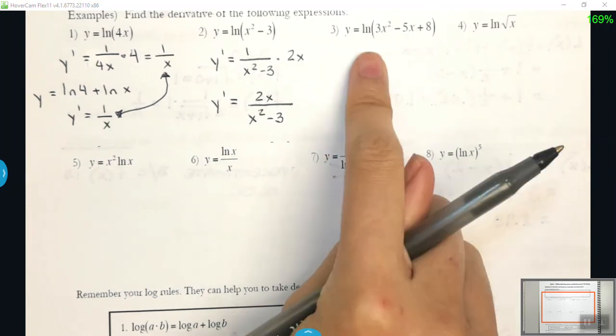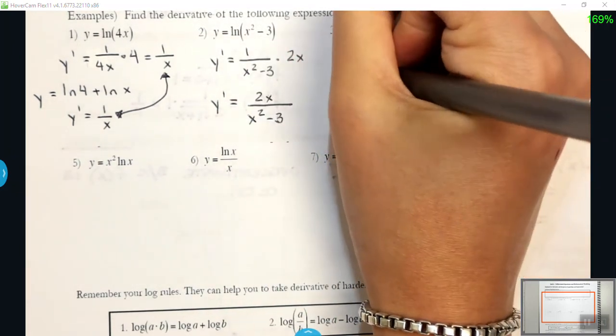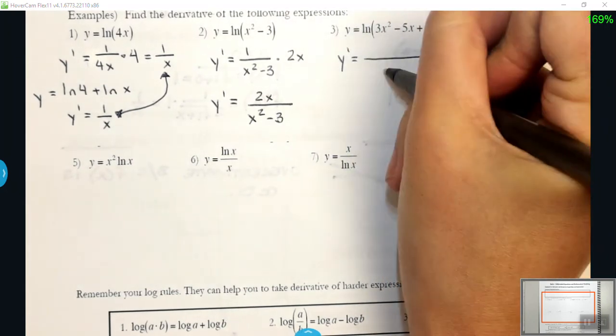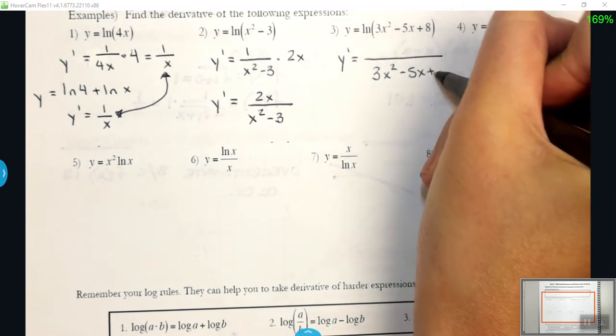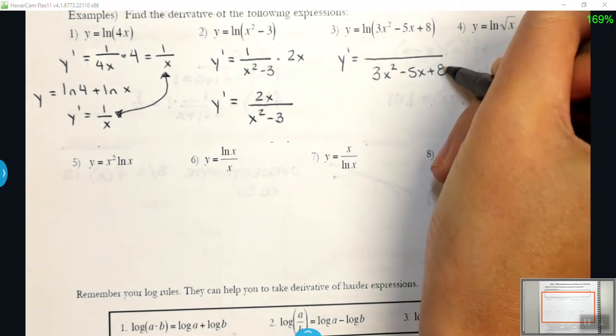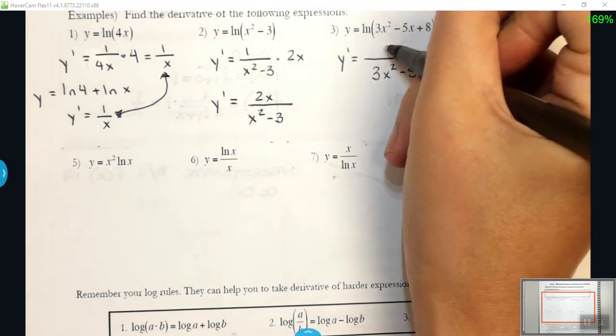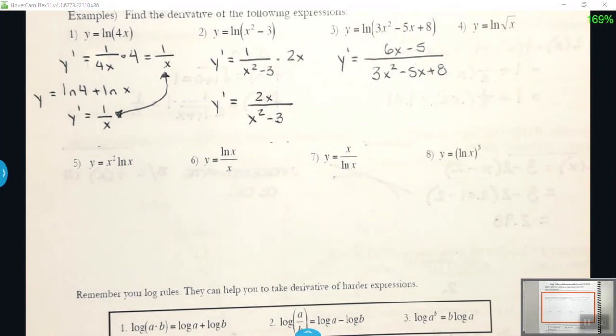Like this one, if I did it without writing both steps, y prime equals 1 over 3x squared minus 5x plus 8, multiplied by the derivative of my inside, which just goes in my numerator, so 6x minus 5. Okay, is it too fast?